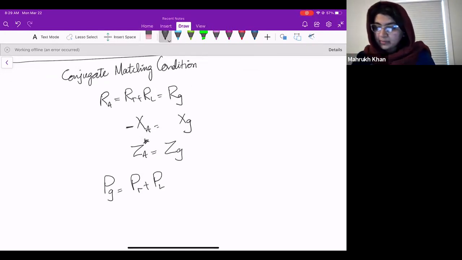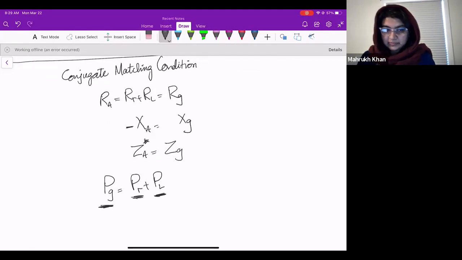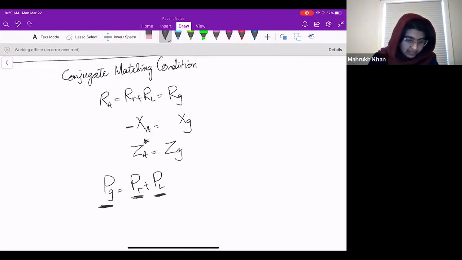So the power dissipation across the generator is equal to the power dissipation across the radiation resistance and the power dissipation across the loss resistance.